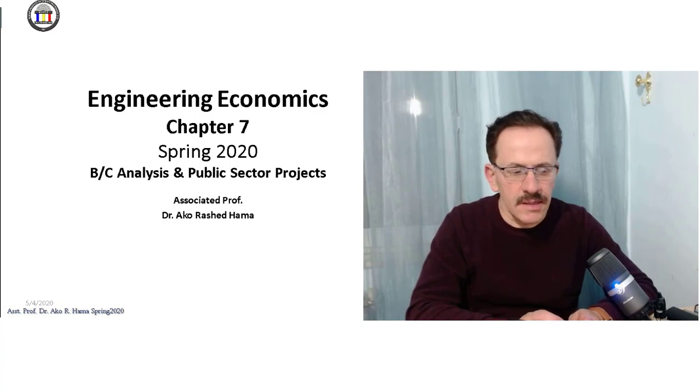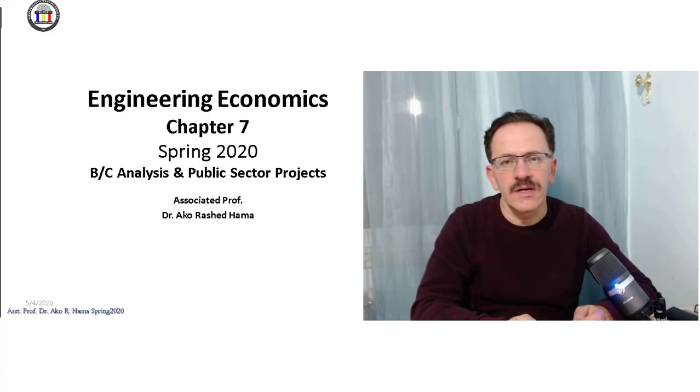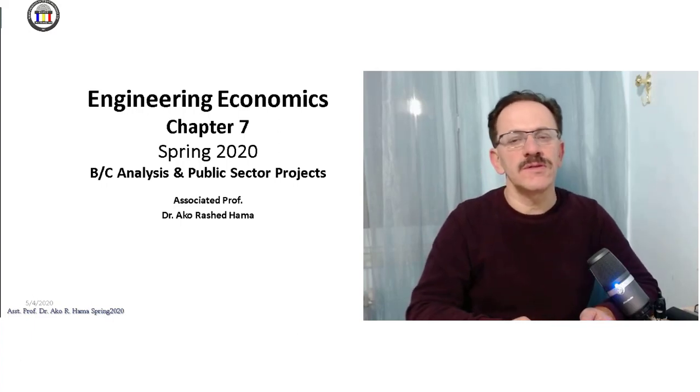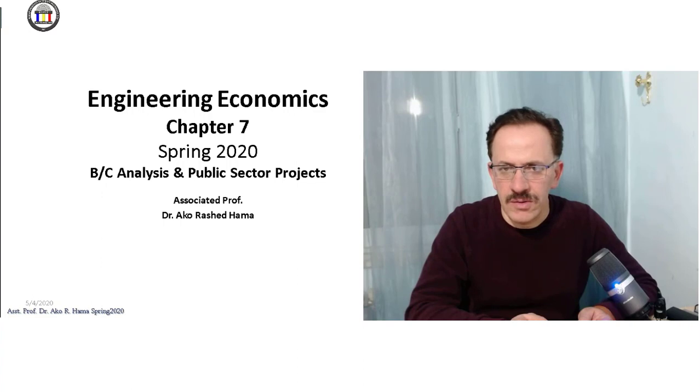Here we have to be aware of how to use them. If you decide to take all the values of the benefits in terms of present worth, then you divide the present worth of the benefits by the present worth of the costs.